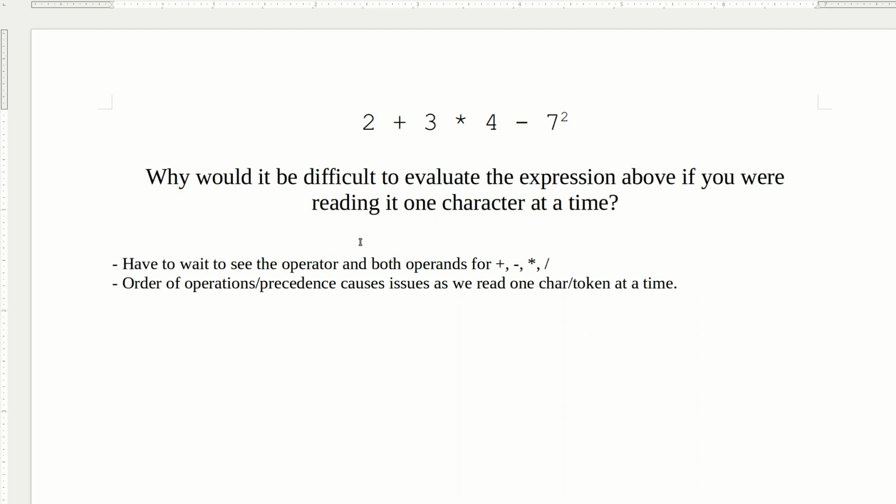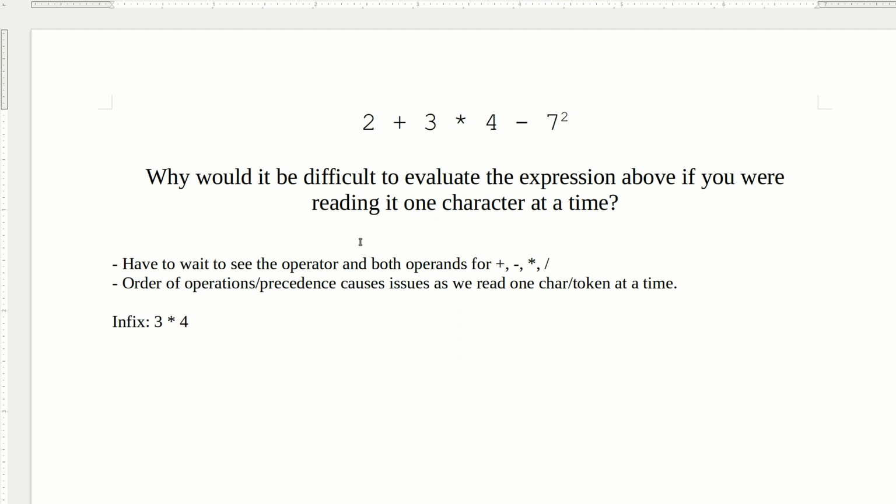Now, all that said, this particular type of notation is very useful for humans. We find it very readable to see 2 plus 3, for example. But for computers, we're not tied to that notation. And so this notation up above is called infix notation, such as 2 plus 3 or 3 times 4.